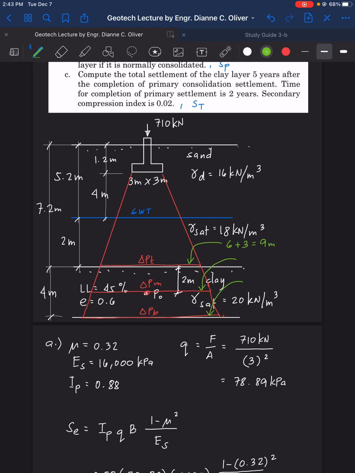Next, this depth is 4 plus 2, that is 6, and then we have 2 there, so that is 8.